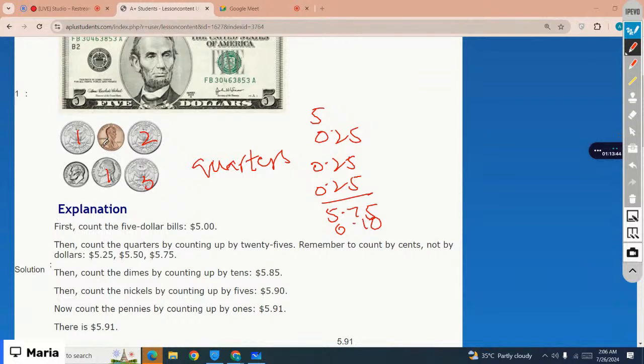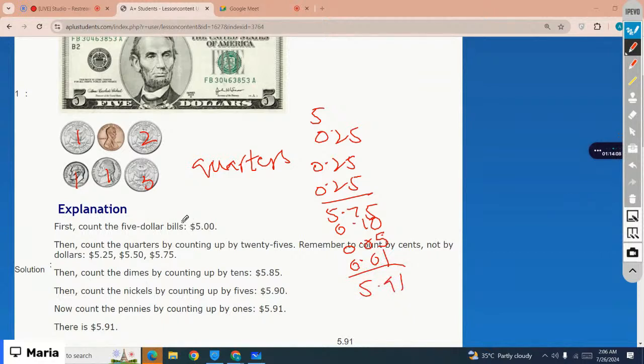Then you have the nickels. You can count by 5, so you need to add 0.05. And you can count the penny by 1, that is 0.01. That is 5.91, right?